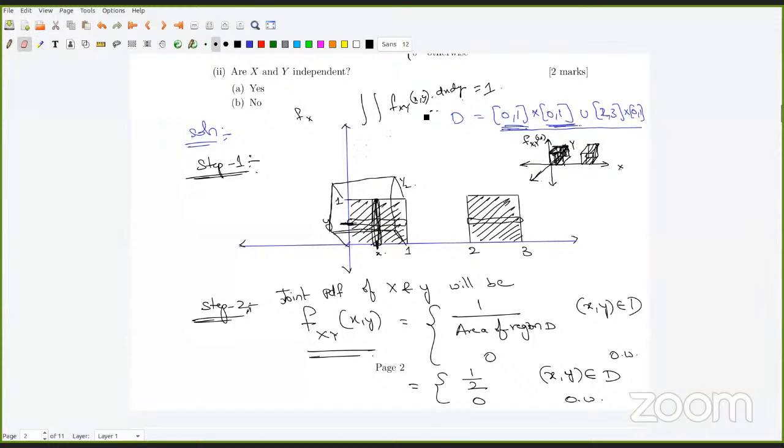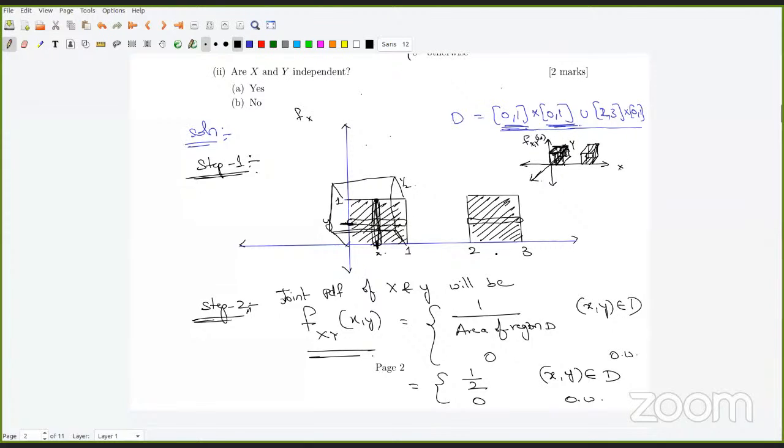There's just a basic doubt on the support. Support is the area where the density is greater than 0, where you have some chance of that random variable taking a value. In this particular case, x can take any value between 0 to 1 and 2 to 3.